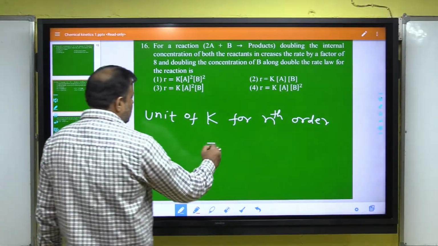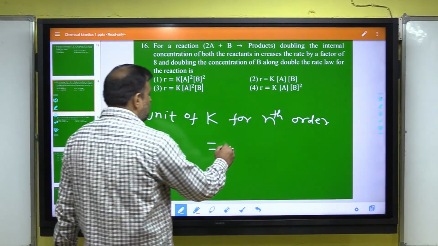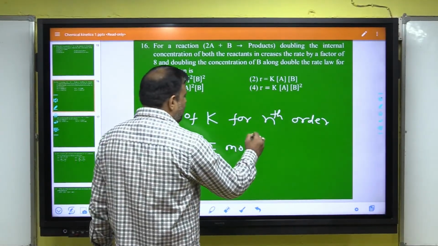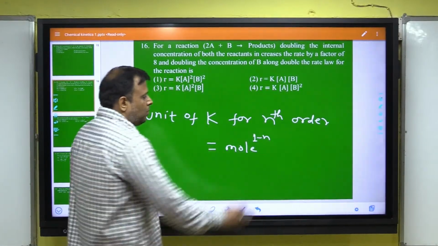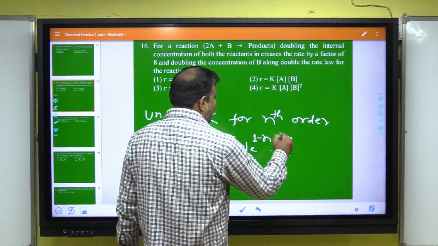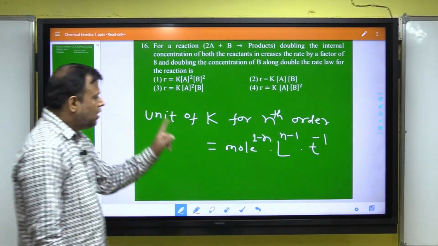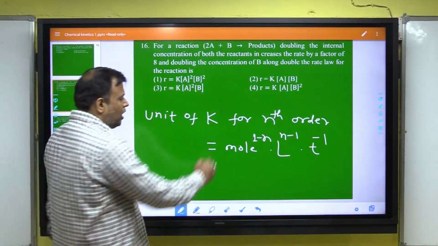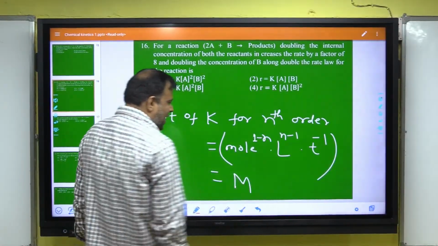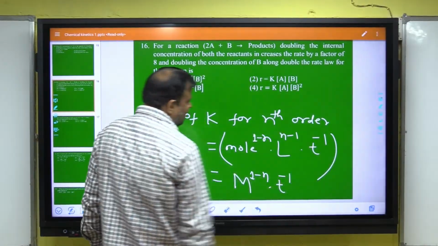Unit of K is equal to, listen, mole to the power 1 minus n into liter to the power n minus 1 into time inverse. For nth order, always keep this in mind. It is also called molarity to the power 1 minus n into time inverse.